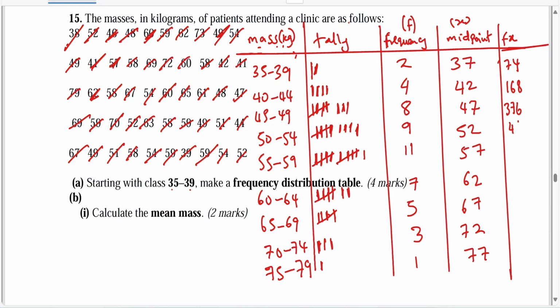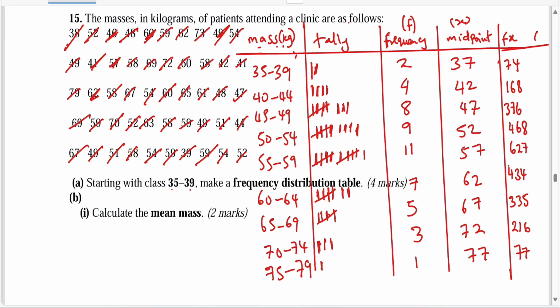Okay. 57 times 11 is 627. 62 times 7 is 434. 67 times 5 is 335. 72 times 3 is 216. And 77 times 1 is 77.